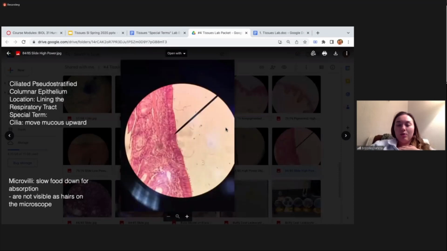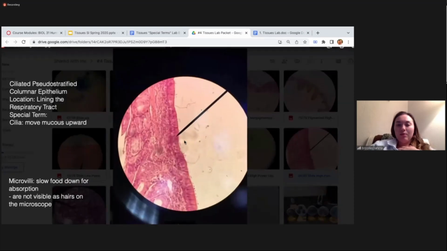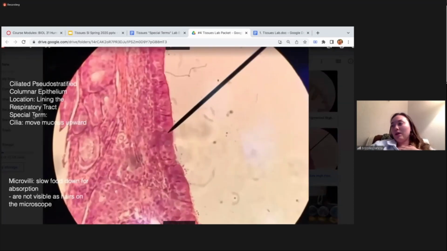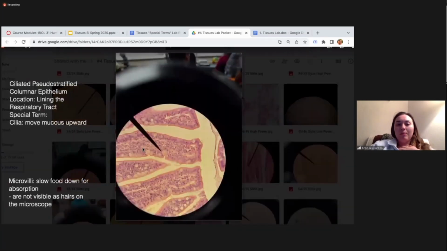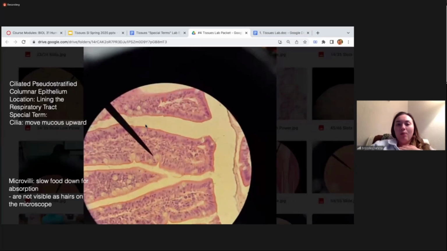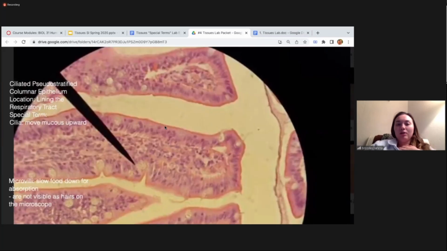another one here. So this is another example of our ciliated pseudostratified columnar epithelium. And do you see the little hairs here? How we can just make out these little individual hairs, like dots. But when I go back to the simple columnar epithelium, remember our microvilli, all it looks like is a pink blurry line.